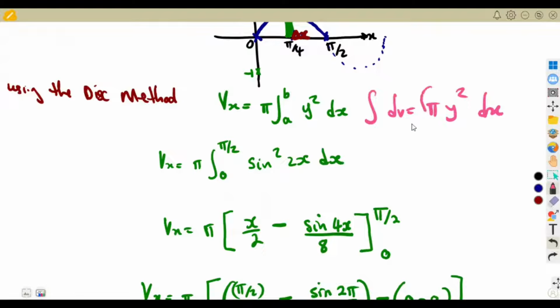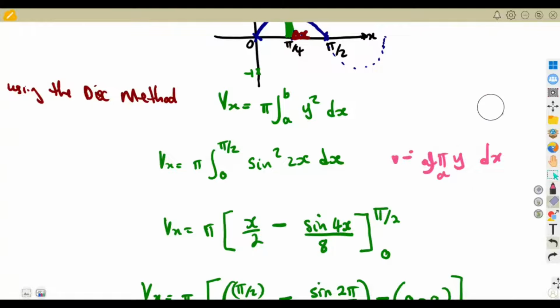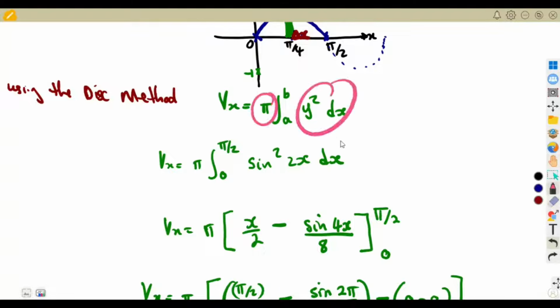We integrate both sides, as we know, so that we obtain the volume. So V is going to be equal to the integral of pi y squared dx with the limits a and b, where we take the pi out of the integral. Meaning to say, dV represents the volume expression before, which is pi y squared dx.